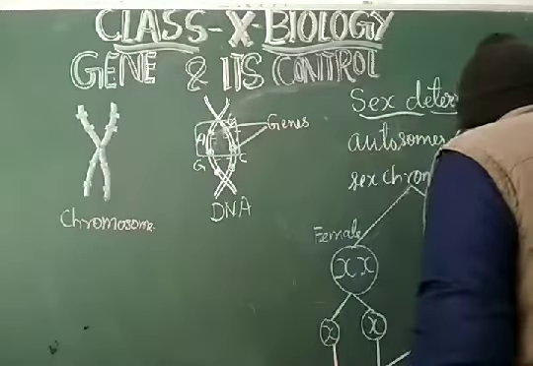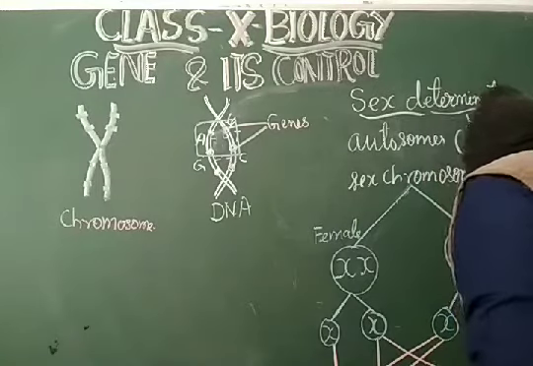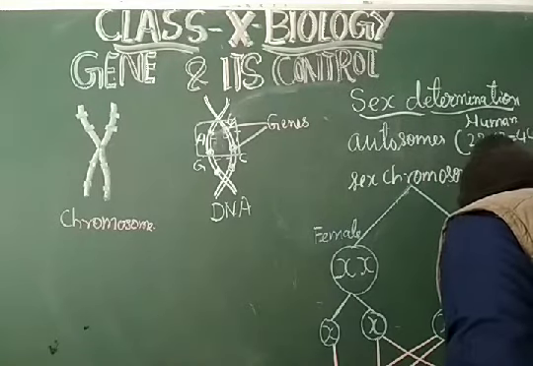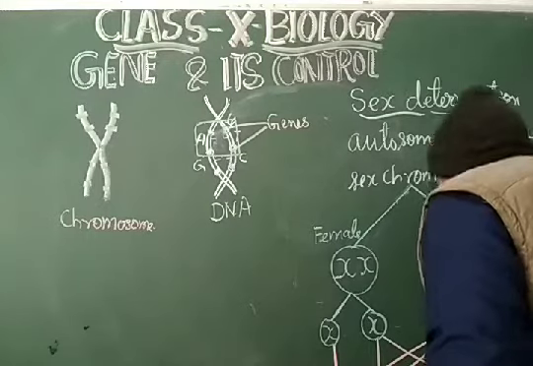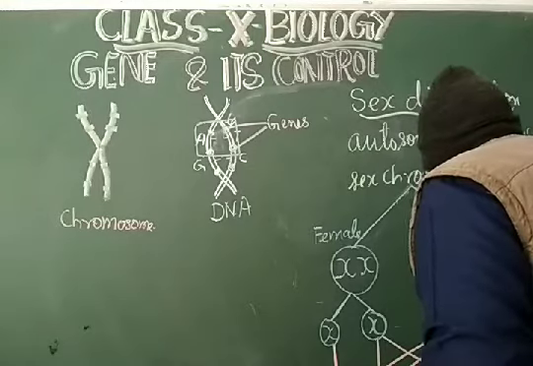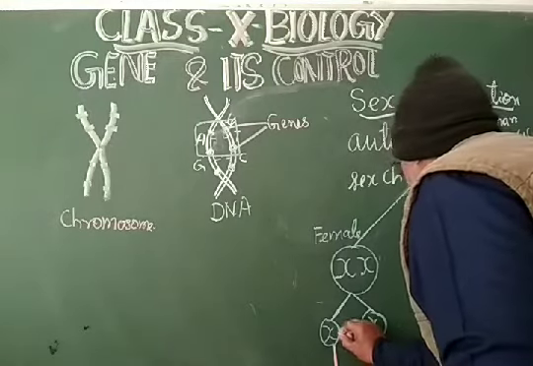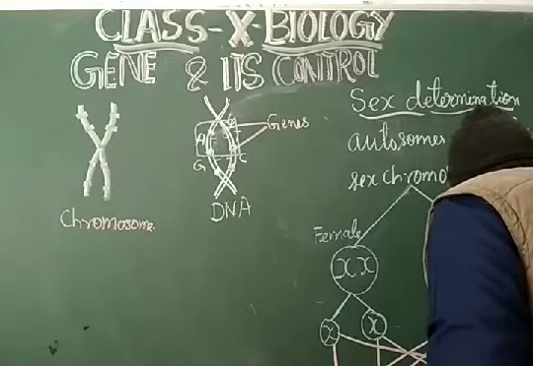If this Y gets combined with this X, then there will be XY. And if this Y crosses with this one, then again XY.